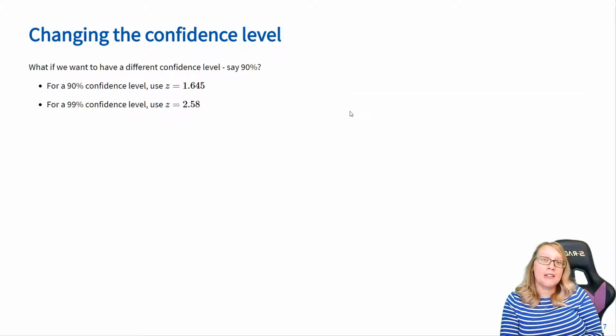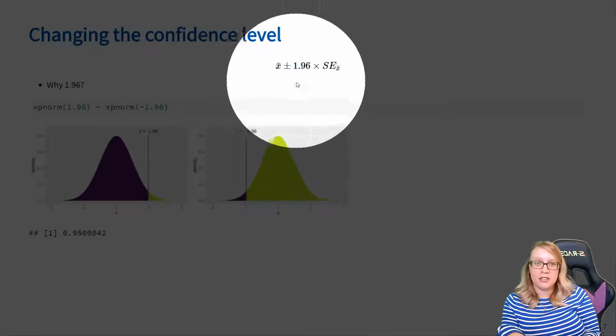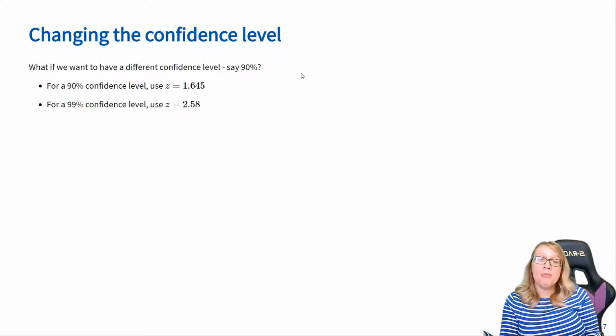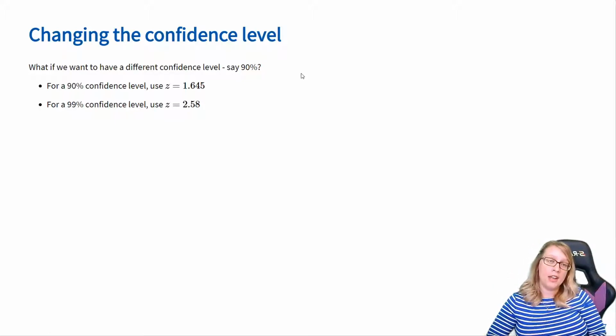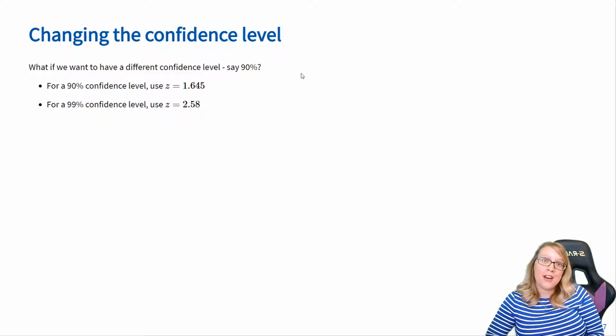If we want to have a different confidence level, all we need to do is change the value that we're multiplying our standard error by. So some pretty common ones that are out there: if we want a confidence interval that works about 90% of the time, we can use 1.645 in our interval. If we want to work more often, if we want to be more confident with, say, a 99% confidence interval, we could use 2.58.